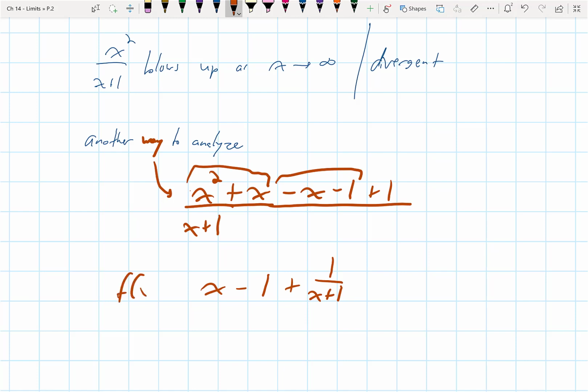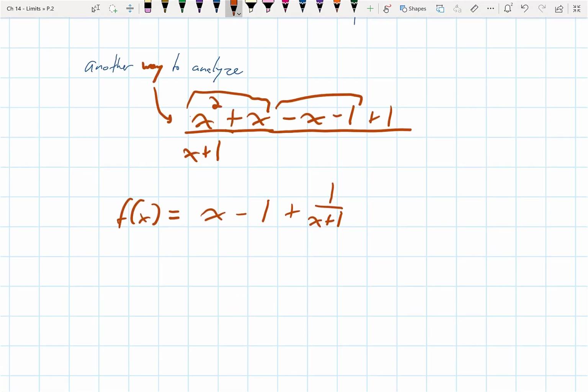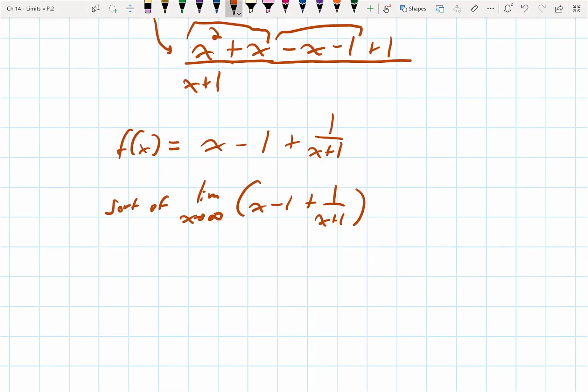What this means is that this is now the function, but it's essentially like we're keeping pieces, so, and I'm saying sort of because this isn't really how it is, it's sort of like the limit as x approaches infinity of x minus 1 plus 1 over x plus 1 is the same as the limit as x approaches infinity of x minus 1, because this piece here goes to 0.